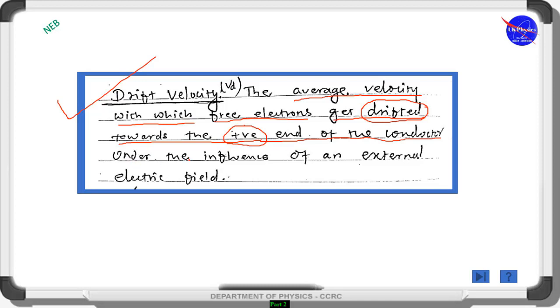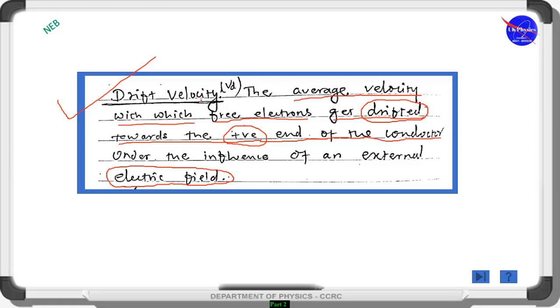Only under the influence of an external electric field do electrons get drifted, right? Electrons move with an average velocity. This average velocity is called drift velocity.